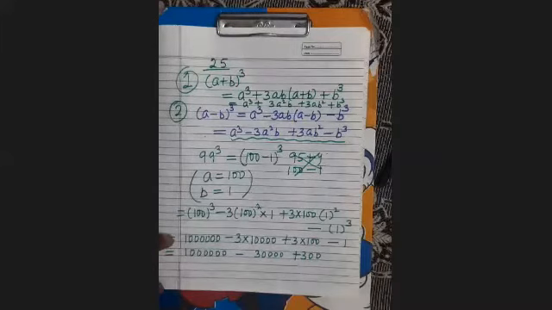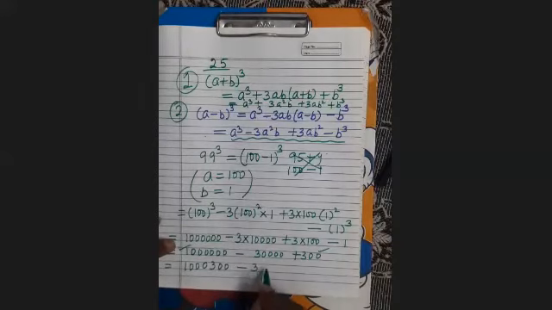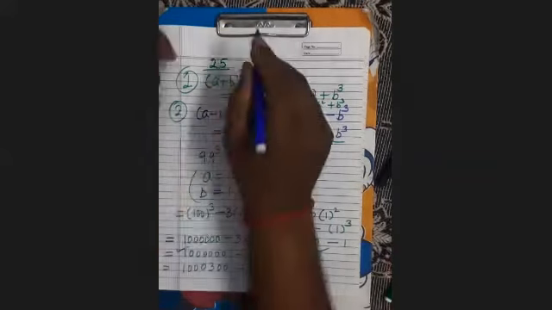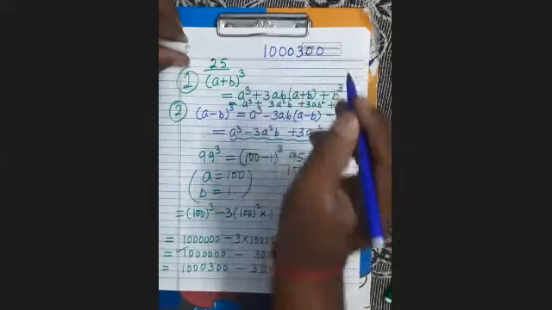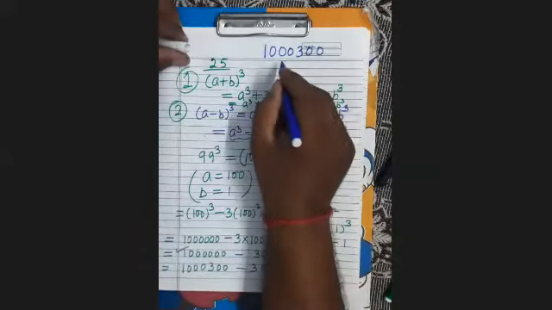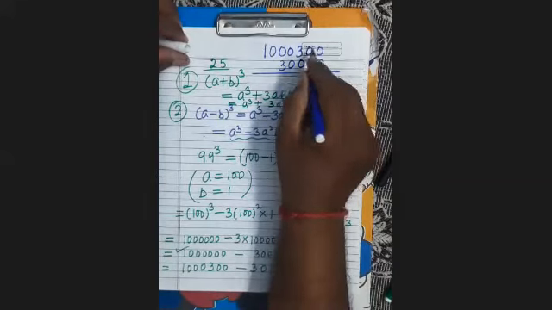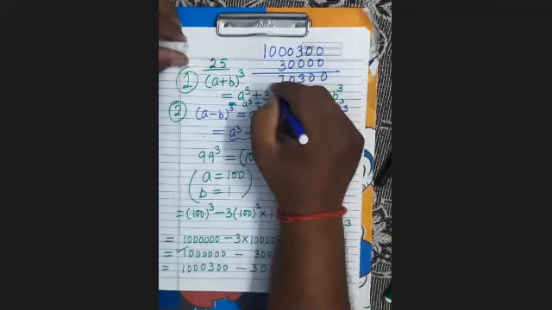Now you simplify. When you add this and this, what will you get? 1,000,300. Now you subtract 30,000. 10 minus 3 is 7, and 9, 9.